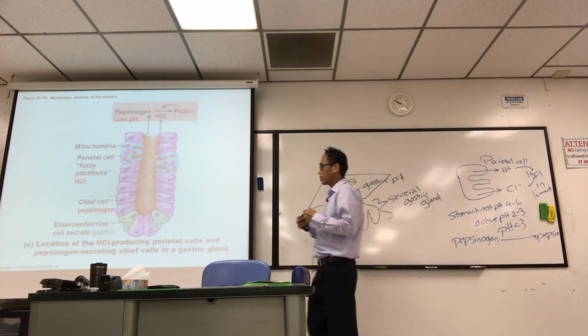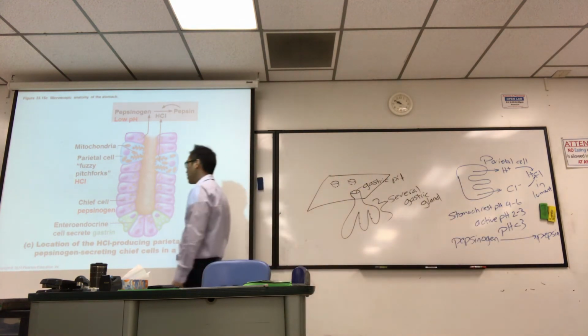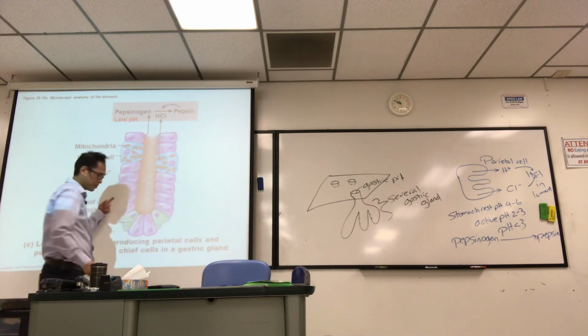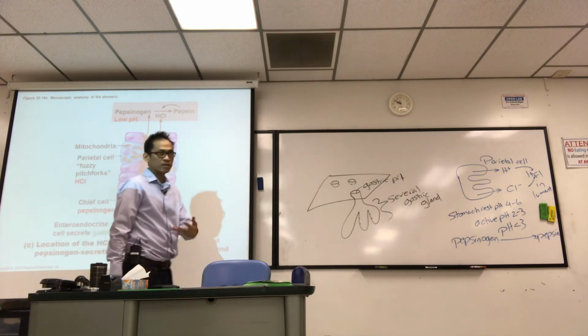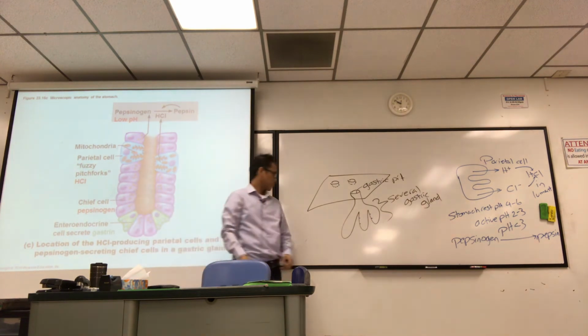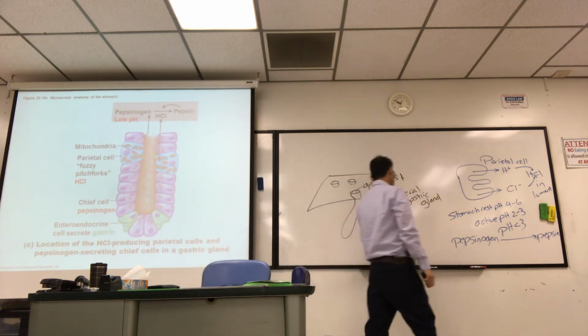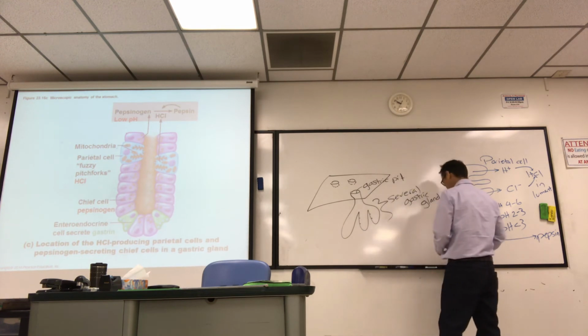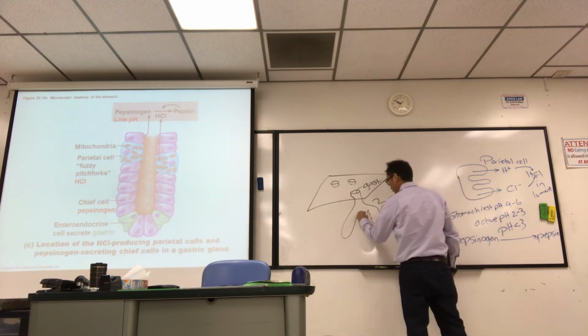Okay, so I already wrote that the chief cells secrete pepsinogen. It's the most numerous. The chief cell is the chief cell, right? Because it's the most numerous. So maybe I'll use a different color. How about red?